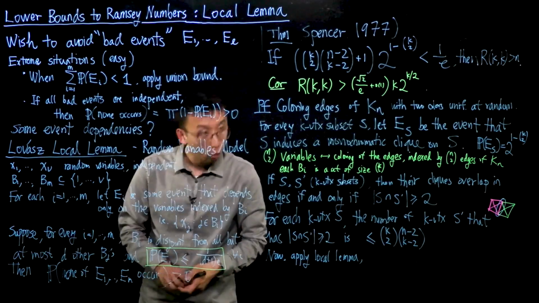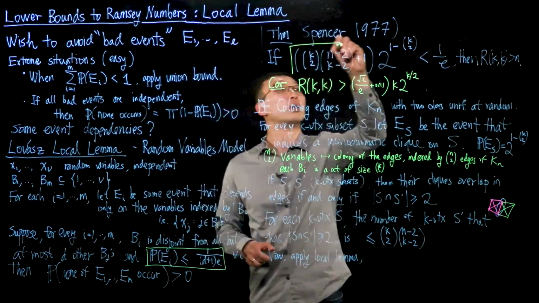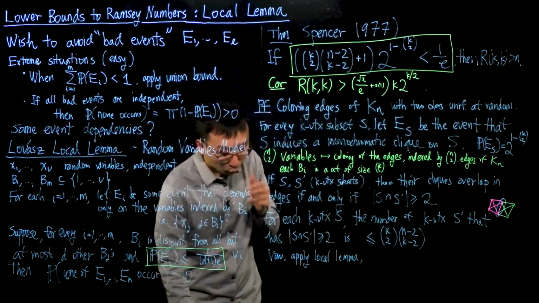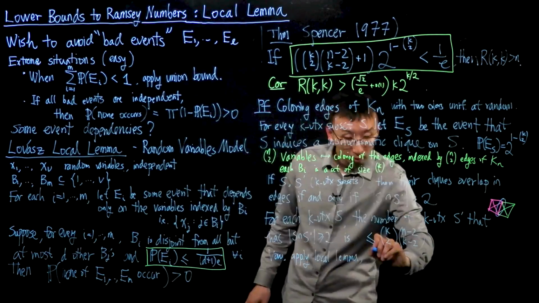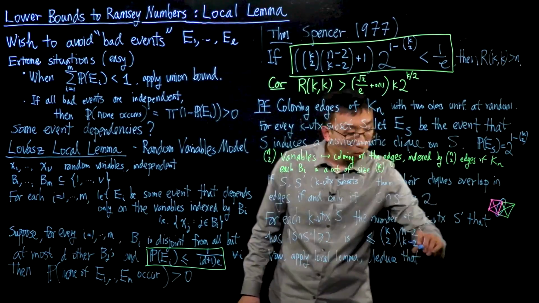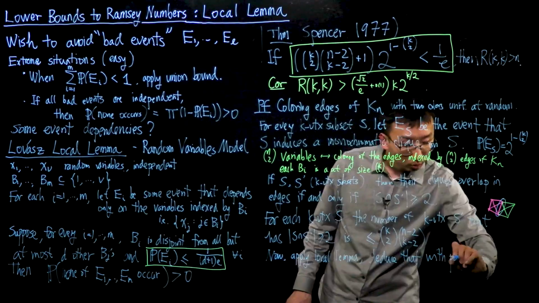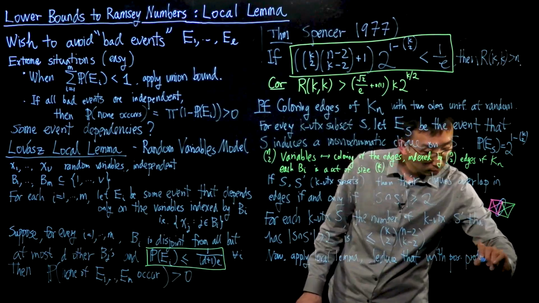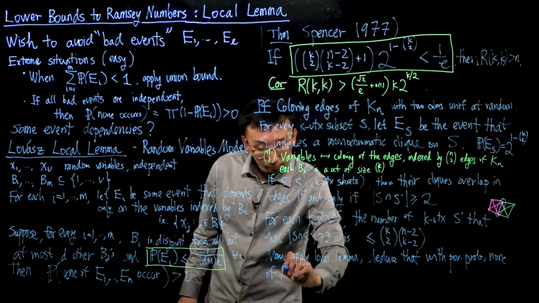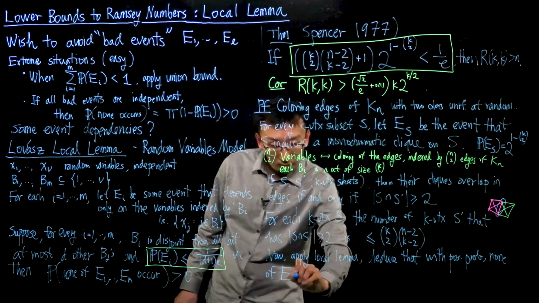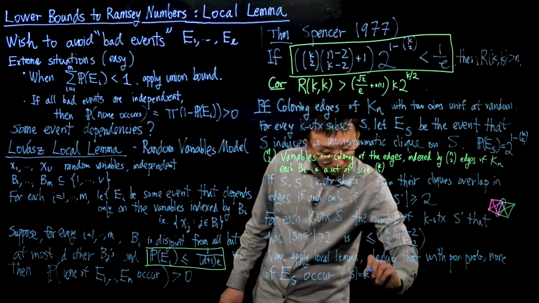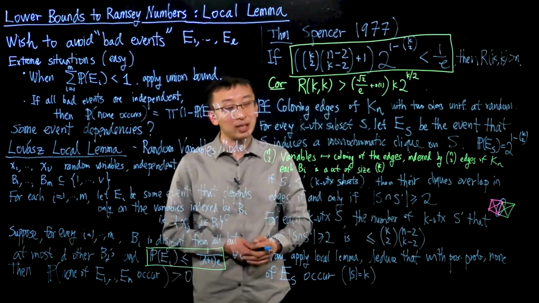So it is satisfied, and so we can apply the local lemma to deduce that with positive probability, none of the bad events E_S occur, for S ranging over all k-vertex subsets in the graph.